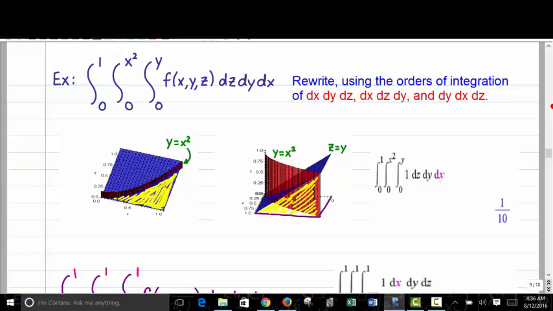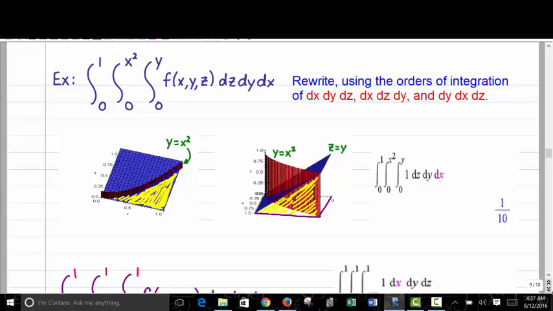Now 1 over 10 might sound kind of small, but since everything's trapped in a 1 by 1 by 1 cube, if I lifted these boundaries up and drew a cube, that entire cube would only have a volume of 1. So this is just a portion of that cube, and 1/10 is not an unreasonable answer by any means, because we're definitely way less than 1. But that's okay, you didn't have to know that. I just thought I'd mention that.